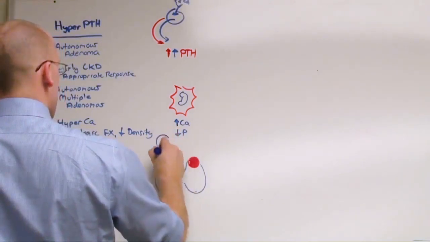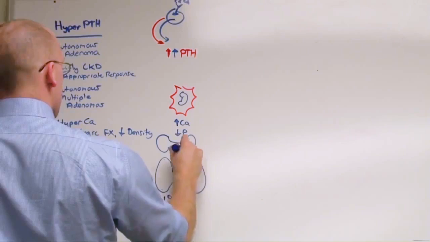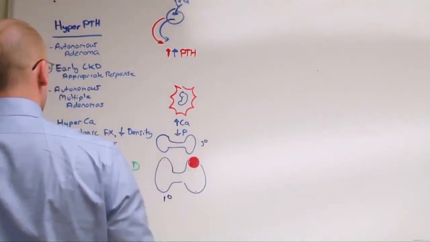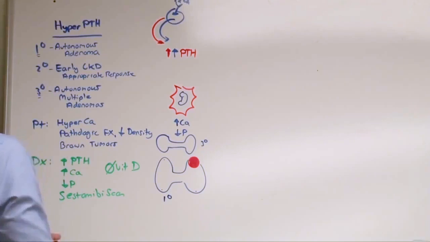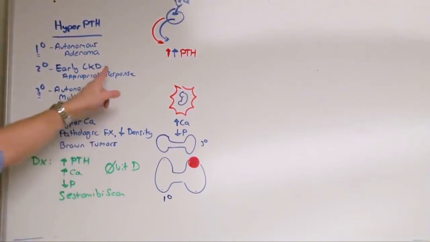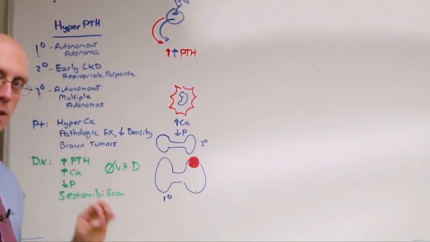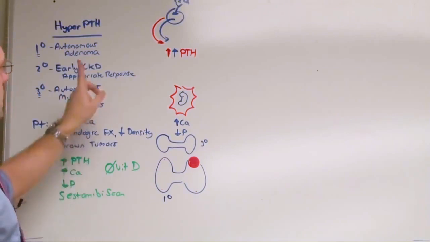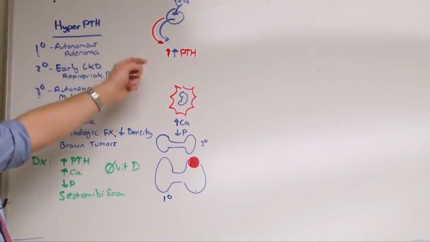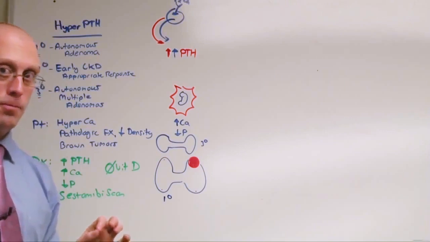Compare that to the parathyroid glands of tertiary hyperparathyroidism, where what has happened is chronically low calciums because of the inability to make vitamin D has led to an upregulation of parathyroid hormone appropriately.